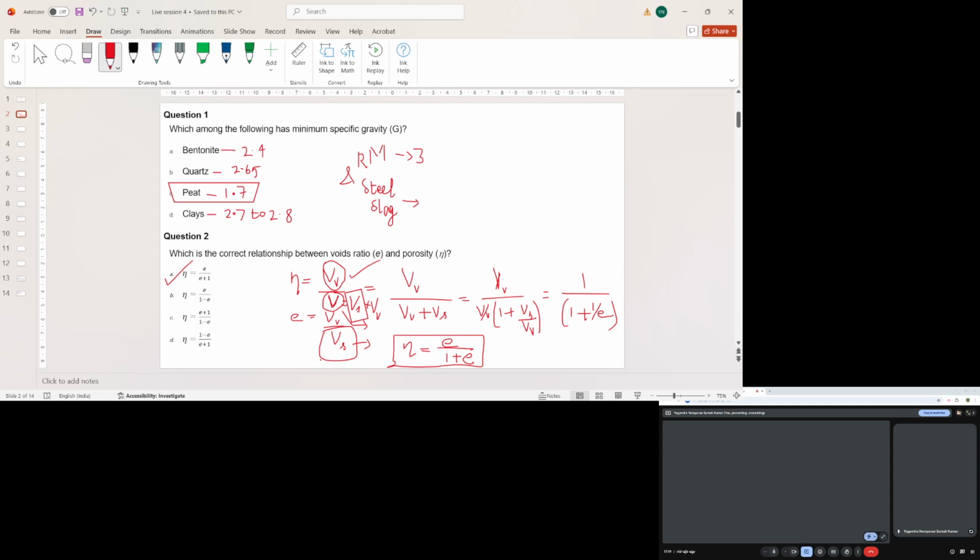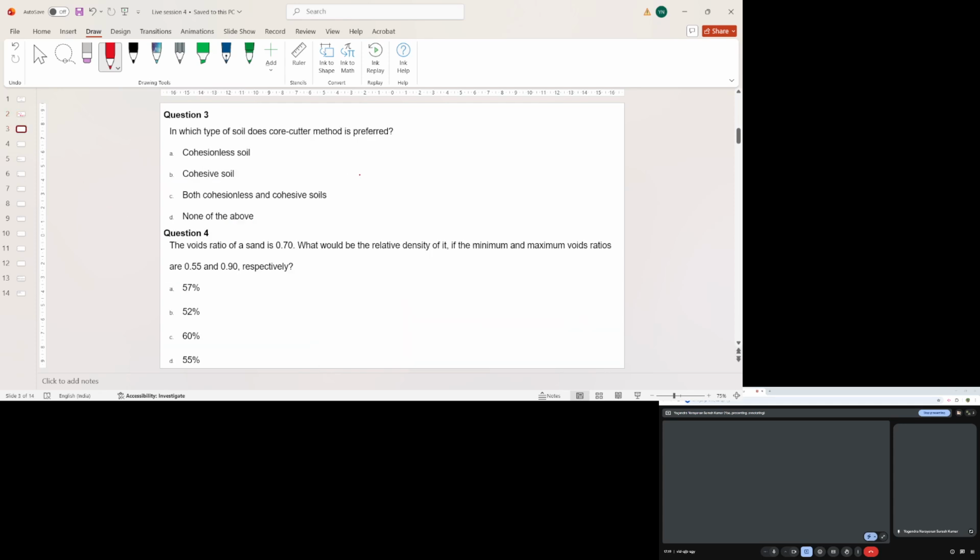That is why in soil mechanics, to explain the state of the soil, we use the term voids ratio instead of porosity, right? So that is a small thing which I would like to clarify, and hope this derivation is clear. It's fairly simple.